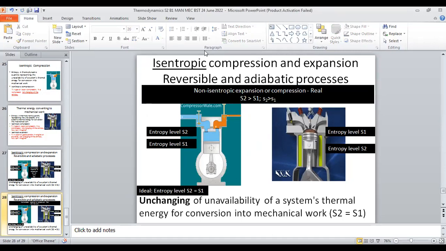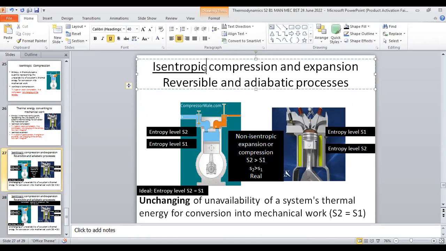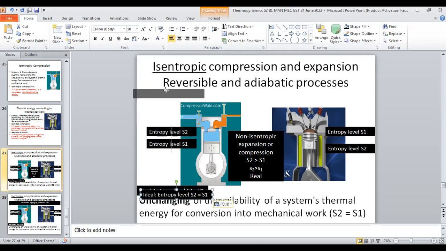So isentropic compression means ideal. Okay, ideal. Isentropic is ideal.